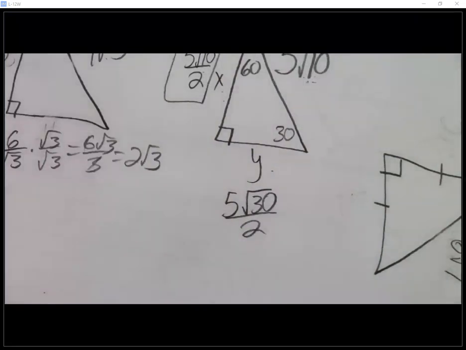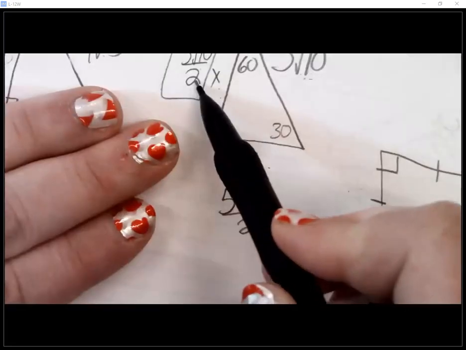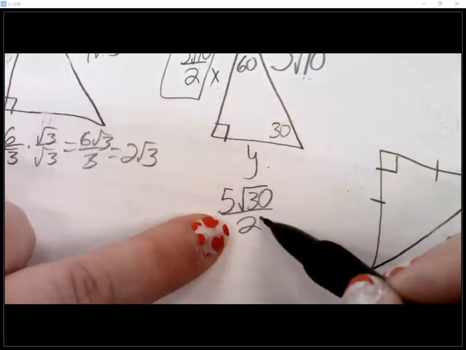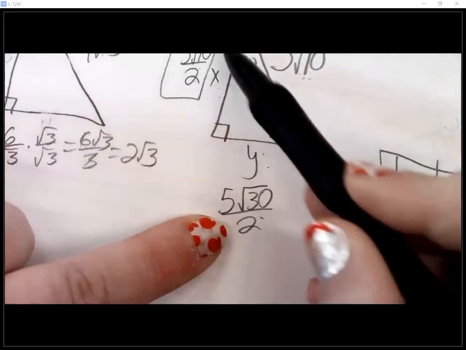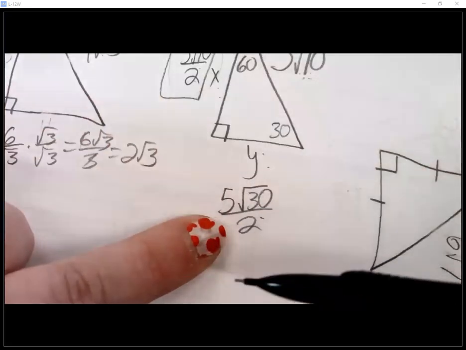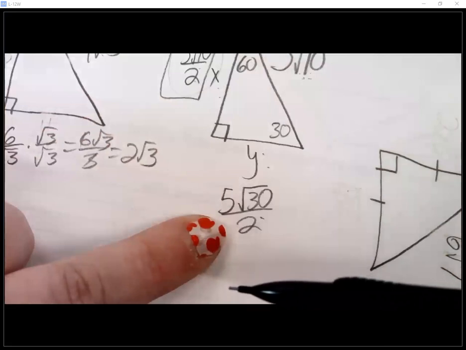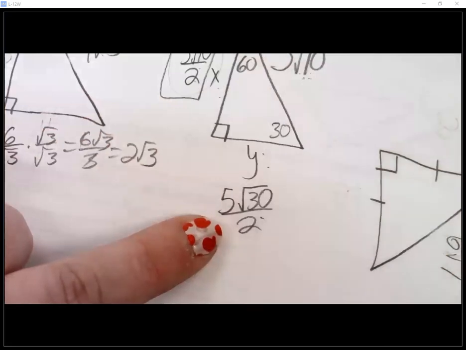Why would it be over 2? For this one? You're going to take your short side and times it by √3.